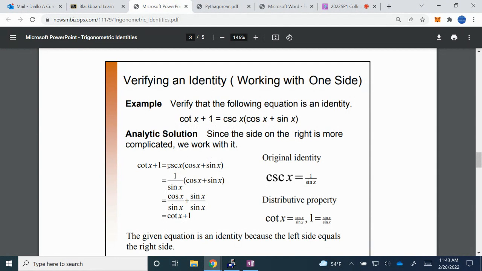If you take a look at the slide, they took the more complicated side and rewrote cosecant x as 1 divided by sine x. Then they distributed 1 minus sine x. They combined the fractions, and it simplified to give you the left-hand side exactly. We don't actually do this in this course, but the steps in going through this process are helpful.